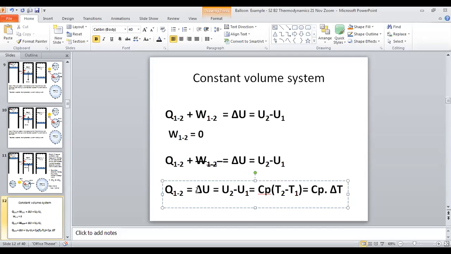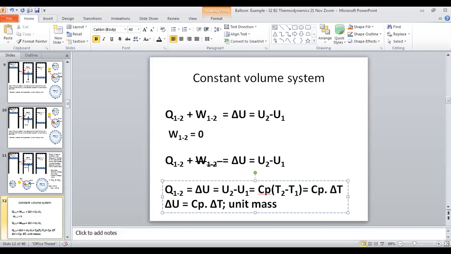So one more equation is here. Delta U equals Cp delta T. So this is the one you came across. For a unit mass, this is for constant mass.